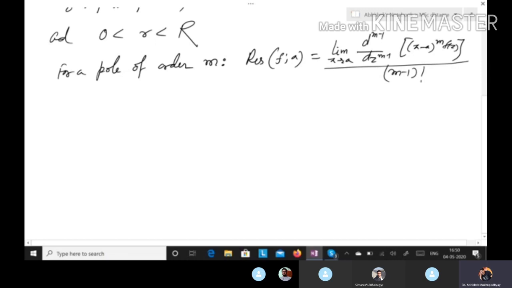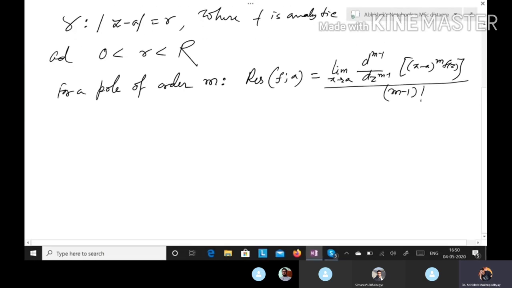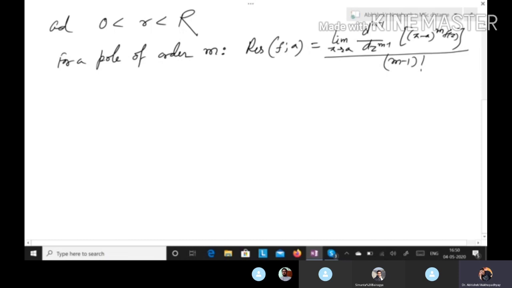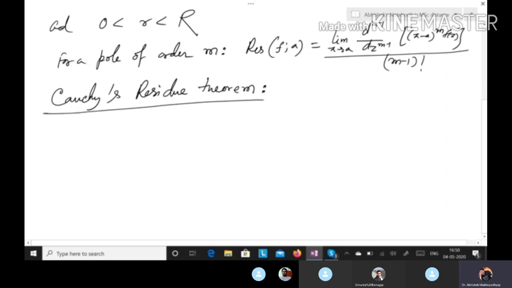Now we shall prove another important theorem in complex analysis, which is known as Cauchy's residue theorem, regarding a function f having isolated singularities at finitely many points in an open set G. This theorem says that the integration can be achieved by evaluating the respective residues at the respective isolated singularities.